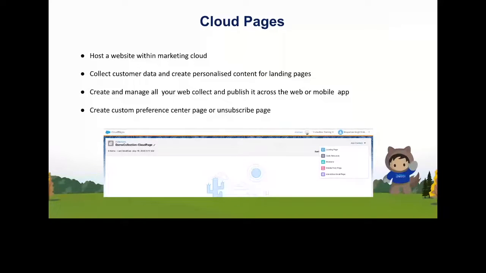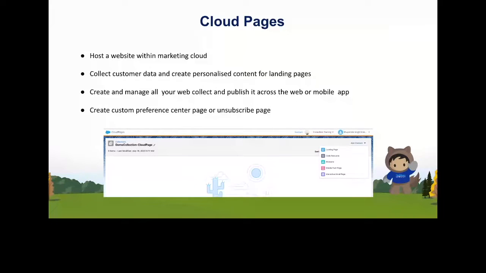And you can use cloud pages to create and publish targeted Marketing Cloud content for multiple channels. So basically, cloud pages support publishing the content on mainly 3 channels, that is landing pages, mobile push pages, and microsites. So we'll see what exactly these are and how we can use them.